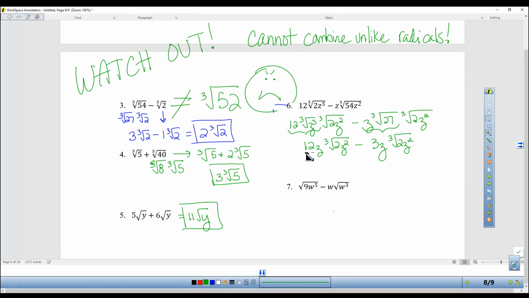And notice that the coefficient is the only thing that's ever going to change. You need to have like terms. So see all of that? Z cube roots of 2z squared, z cube roots of 2z squared gives us, I have 12 minus 3 is 9. Z cube roots of 2z squared. And that's the answer.